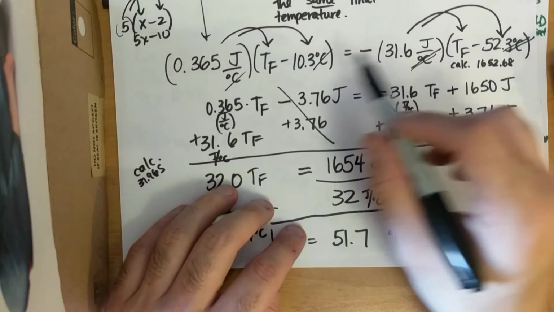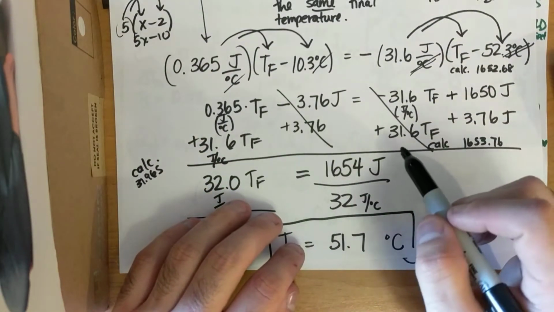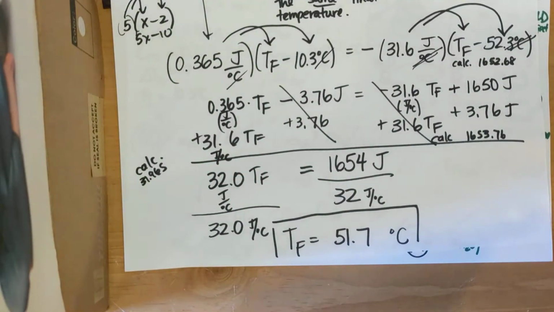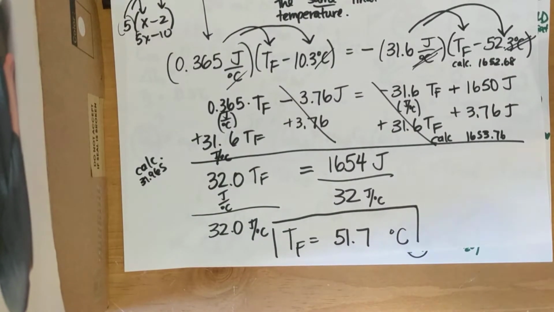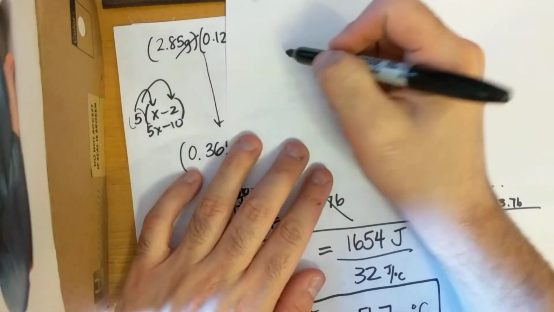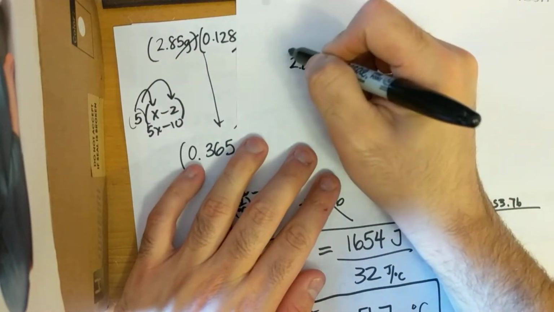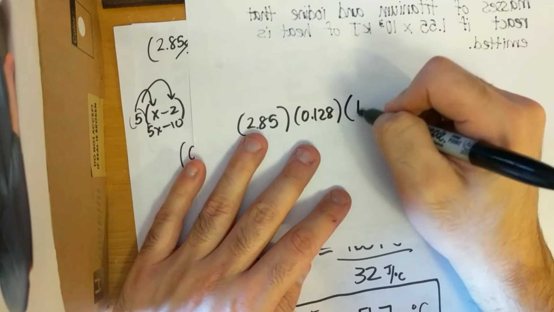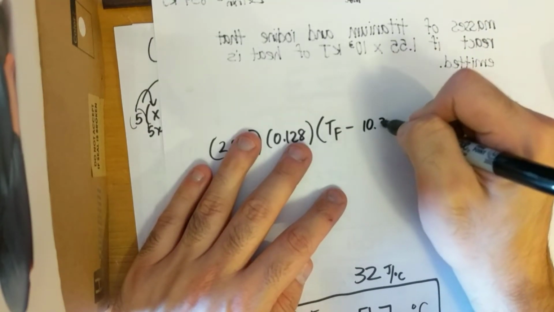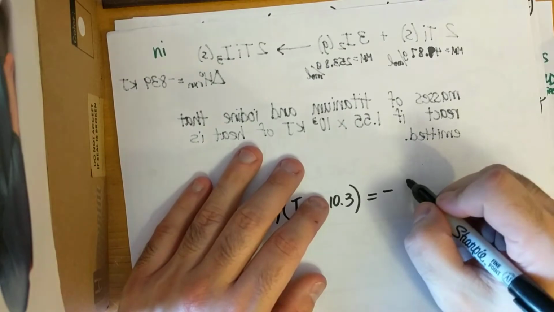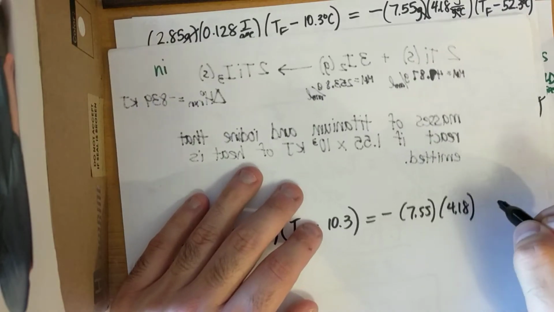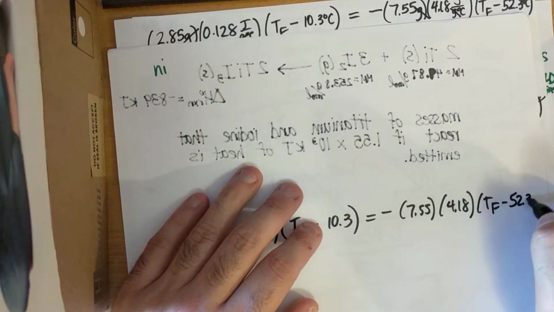Now, if you didn't like this mathematical way that I did it, you don't have to include units as long as you have the correct units in the end. So for example, if you wanted me to simplify and not have all those units, it would look like this: 2.85 times 0.128, and then TF minus 10.3 equals negative 7.55 times 4.18, and then TF minus 52.3, right?